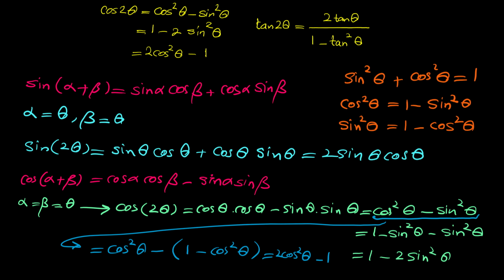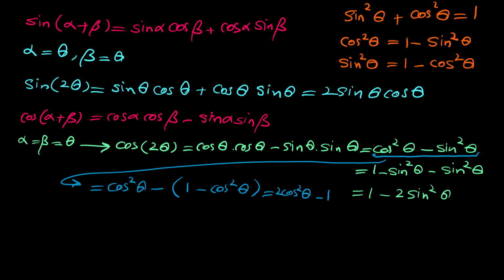Finally, now we want to prove this relation for tangent. Tangent of 2 theta is 2 tangent theta over 1 minus tangent squared theta. For proving this, let me remind you the formula that we have to know for tangent of alpha plus beta.